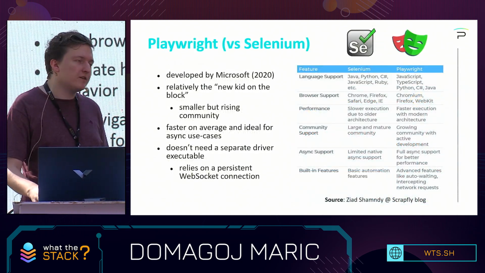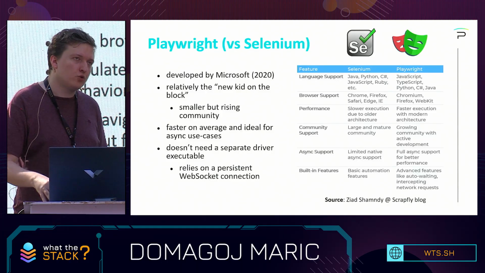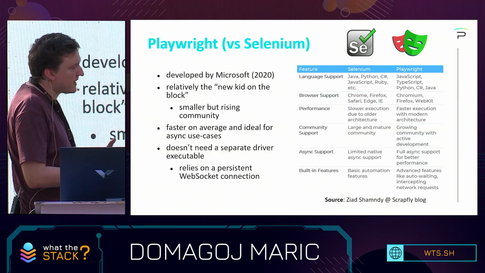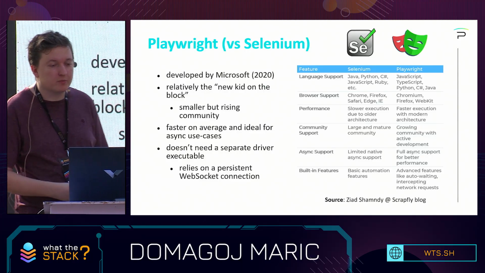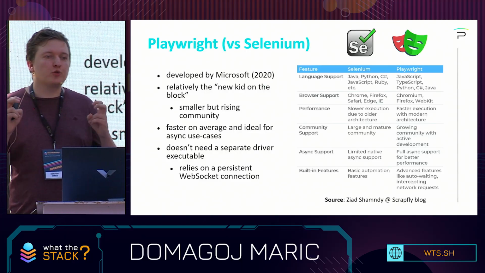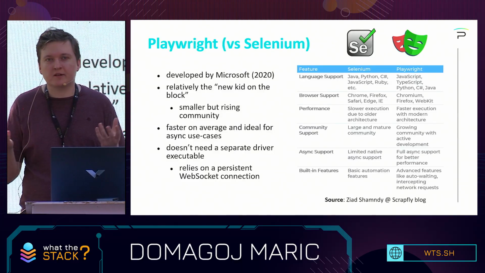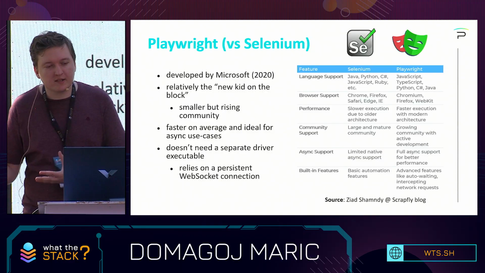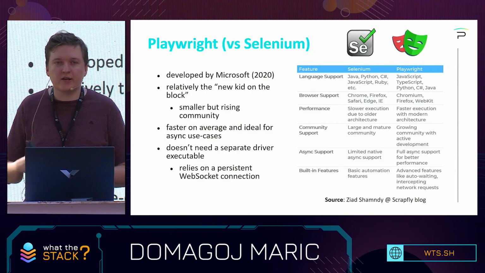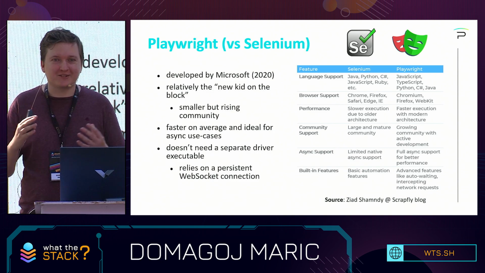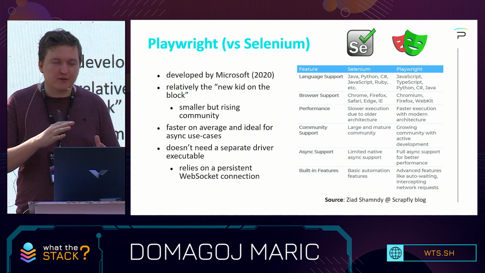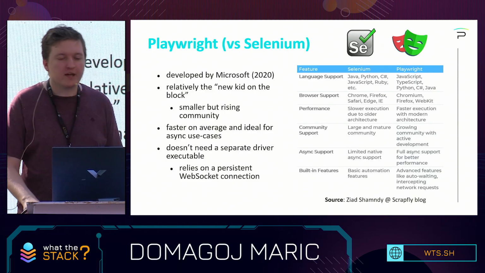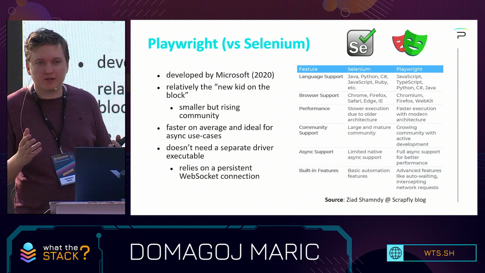But if you're gonna use the fastest solution, you should probably use Playwright, which for some cases is more suitable than Selenium. It's a bit of a new kid on the block, which is bizarre to say because it's 5 years old already. But comparing to Selenium, which has a bigger community, a bigger history, and is much more suited for legacy code, Playwright is a bit of a new kid on the block, but it has a rising community. It's very popular nowadays, and it gets the job done in a similar way as Selenium.